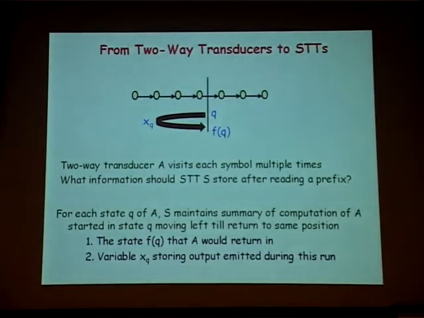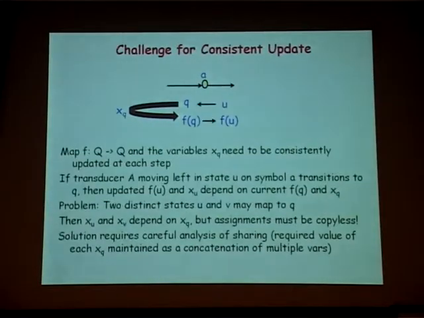Okay, but what you have to show is that the value of this xq can be updated consistently as you take one step. So let's see what goes on. Suppose currently I'm processing a symbol A. By the inductive hypothesis, I know that if the machine was going backwards in state q, it would end up in this state f of q, and during that process it would compute whatever it would compute, stored in the variable xq.